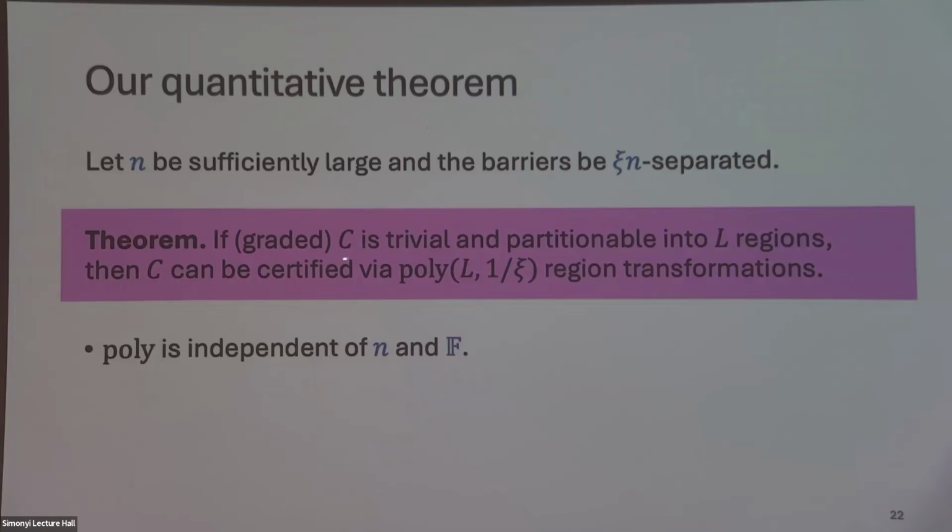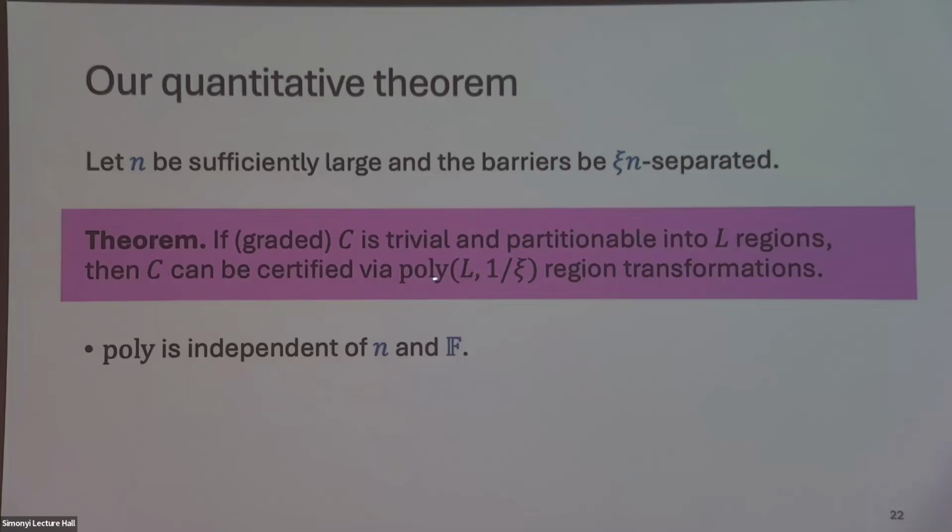So this is our theorem. If I have a circuit, and this is a trivial circuit, and it's partitionable into L regions, then you can certify it using a number of transformations which is a polynomial in the number of regions, and also this constant parameter saying how separated the different barriers are.